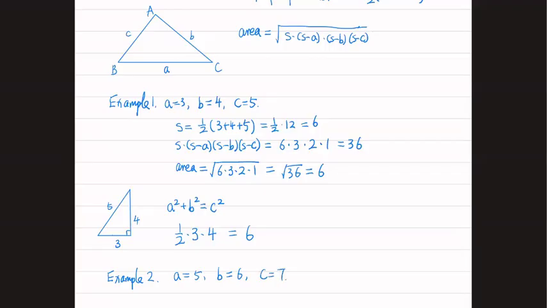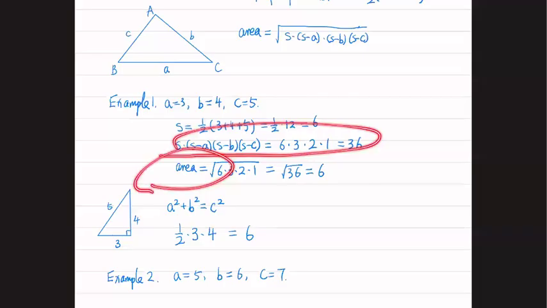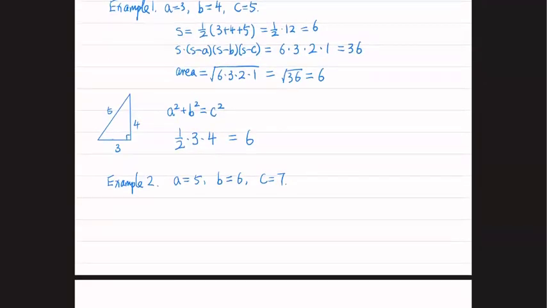Now we can check that a squared plus b squared is different from c squared, so we cannot do that. But we can still find the half perimeter, the product and the area. Let's go that way. Find the half perimeter. Find the product.